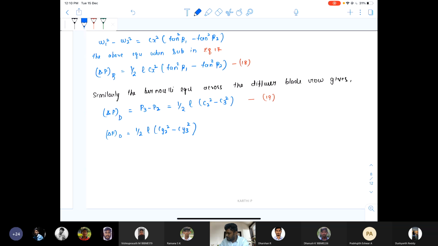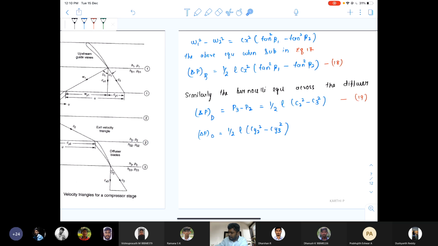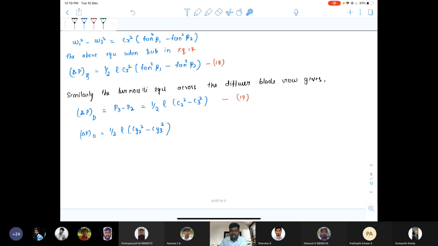In that case, we had taken the difference in the relative velocity as Wy1 square minus Wy2 square. This 1 denotes stage 1 and 2 denotes stage 2. But in the diffuser section, the stages involved are 2 and 3. Therefore, we are using 2 and 3. This is stage 2 and stage 3 for the diffuser section.